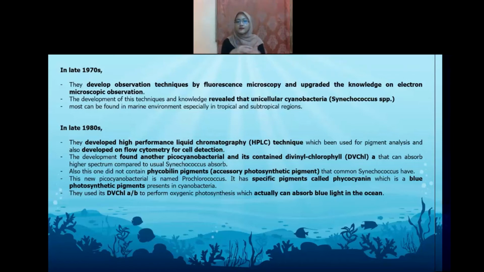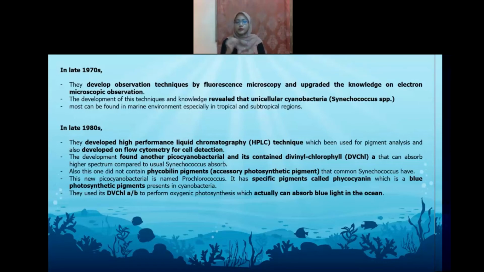This development led them to find a new picocyanobacteria that contains divinyl chlorophyll A, which can absorb a higher spectrum than the usual Synechococcus cyanobacteria. It does not have phycobilin pigments, the accessory photosynthetic pigments that common Synechococcus have.